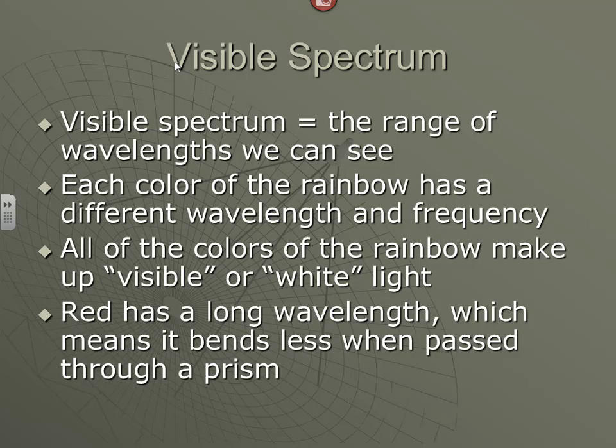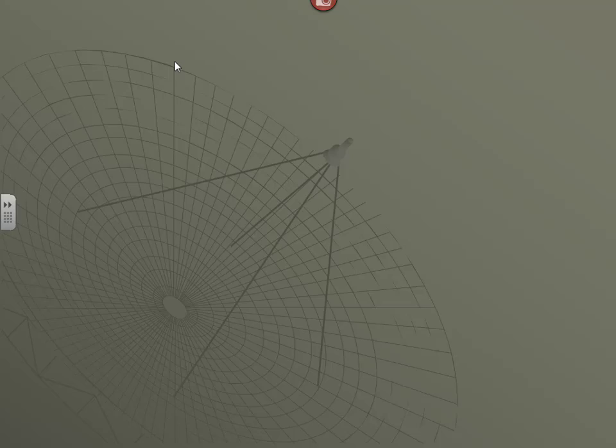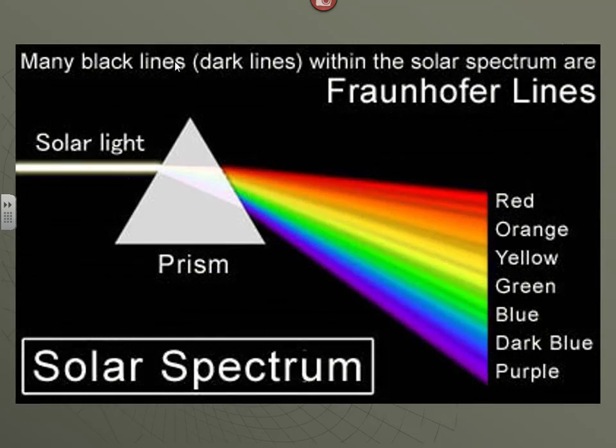We've got just a couple things to talk about here. Of all of the colors, red has the longest wavelength. What makes that interesting is that it is bent the least when you pass it through a lens or through a prism. So one thing that I wanted to show you, which is not on your notes, is this picture.